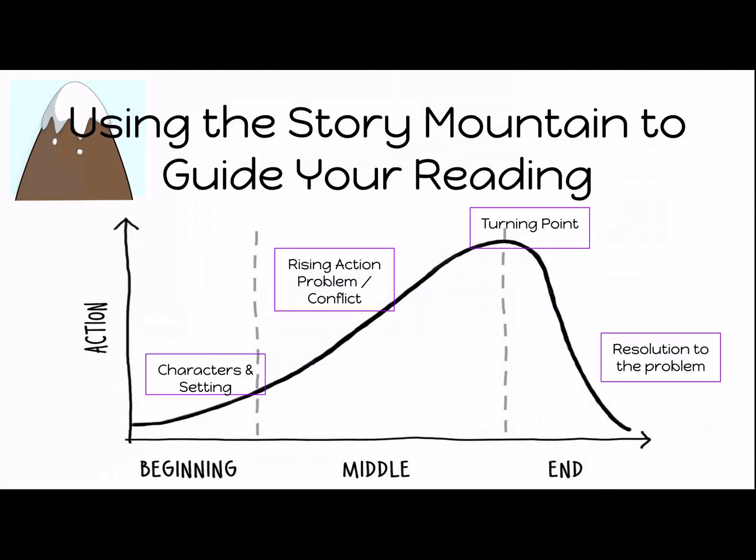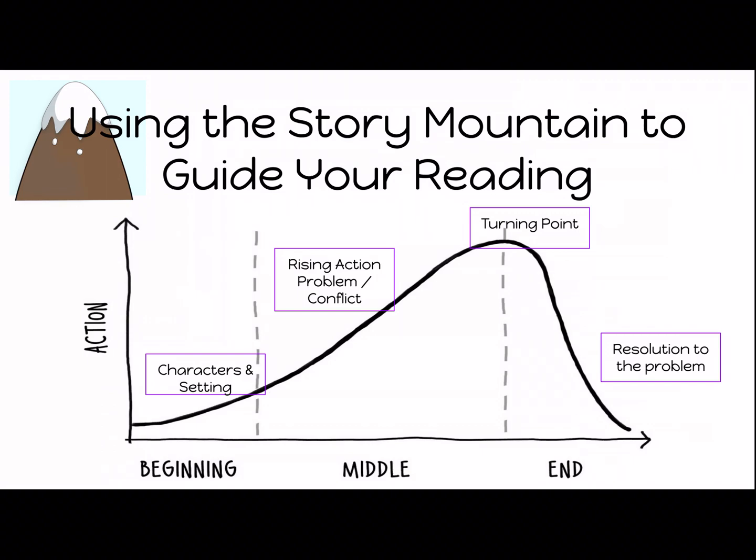Today, we are going to use the Story Mountain structure, some of you know it better as Story Arc, to guide your reading and to guide your thinking too. Now remember, the Story Arc begins with characters and setting, and then as you move up the Story Mountain, you know that there's some action that's developing.